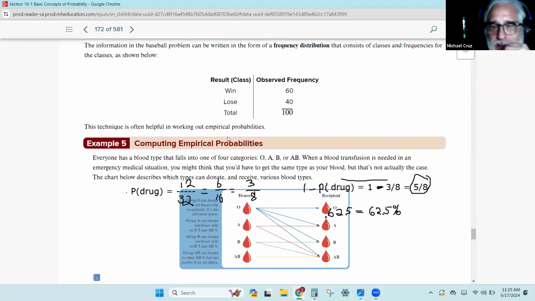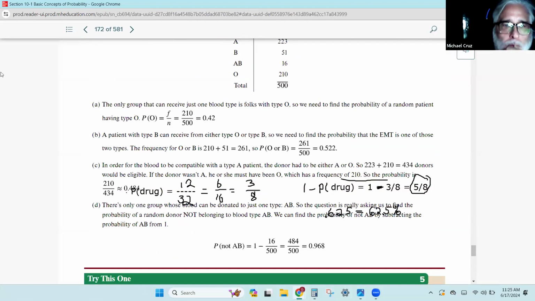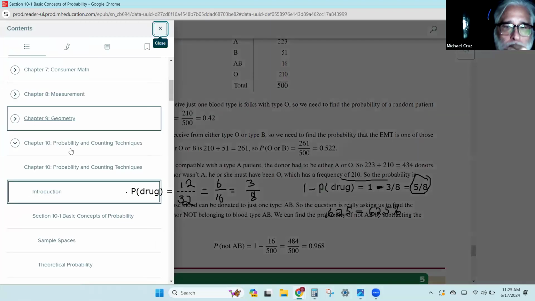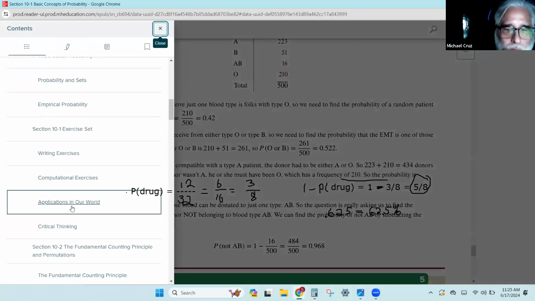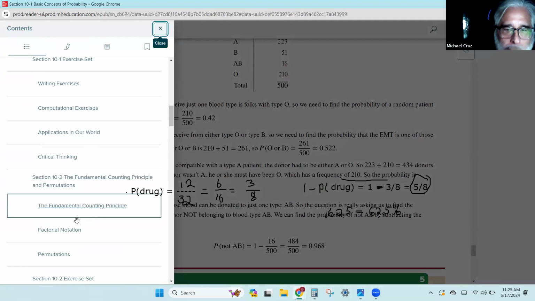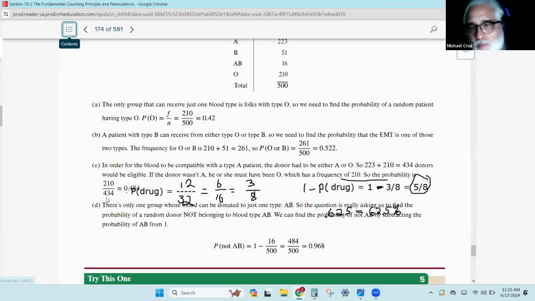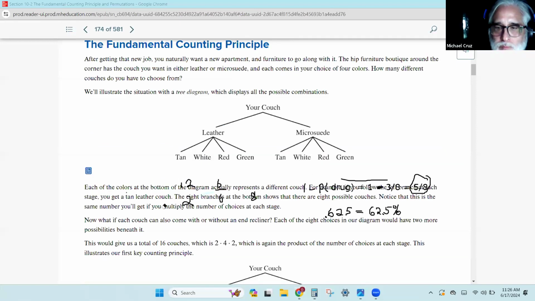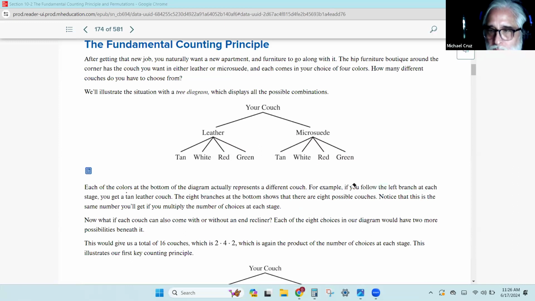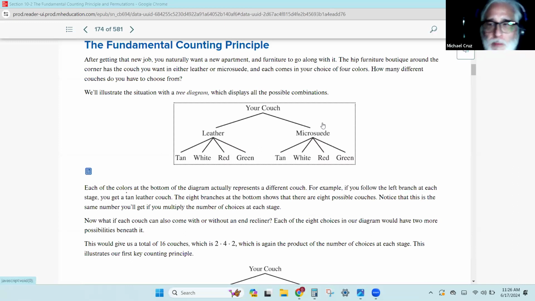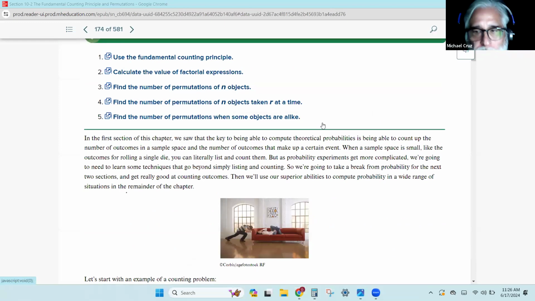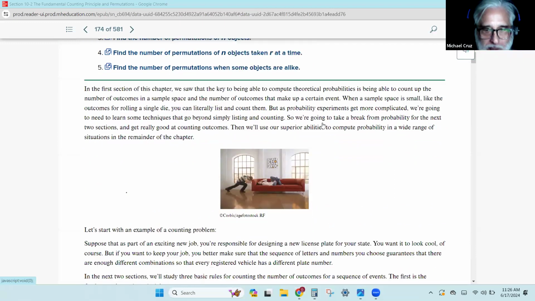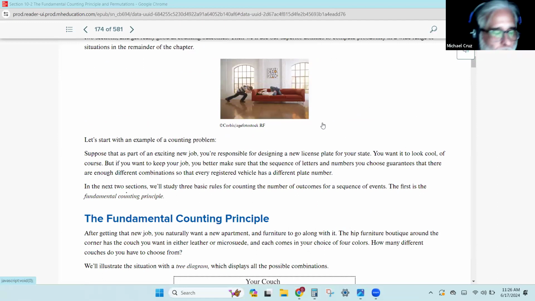All right, let's look at the counting principle. So the fundamental counting principle is a way to find out at a glance how many different ways there are to do things.